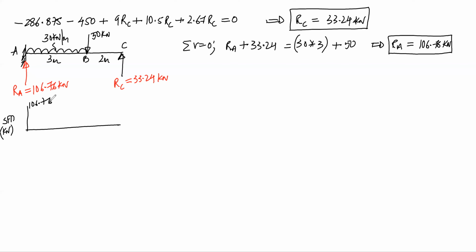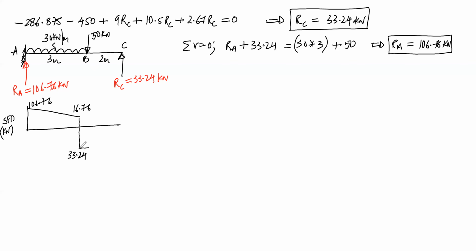So 106.76 minus 30 into 3, I will get 16.76. And at B, there is a 50 kilonewton downward. So it will be 16.76 minus 50. That will be minus 33.24.